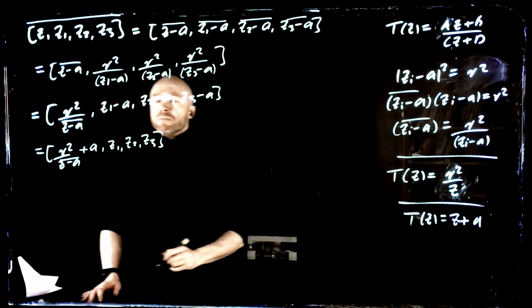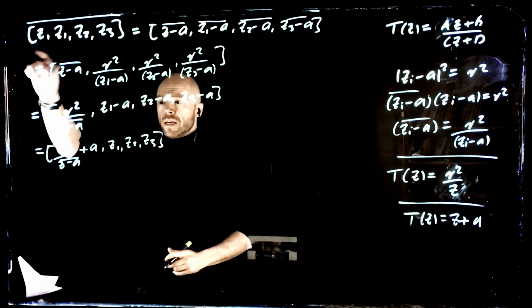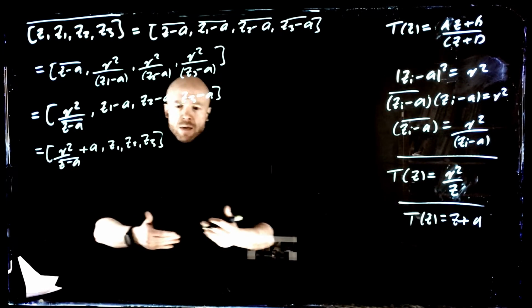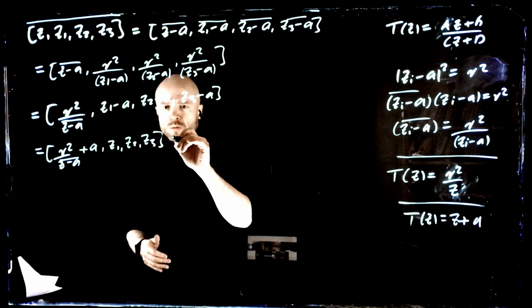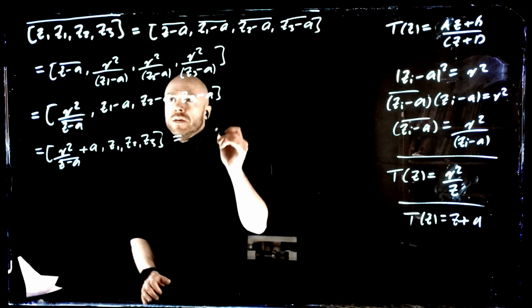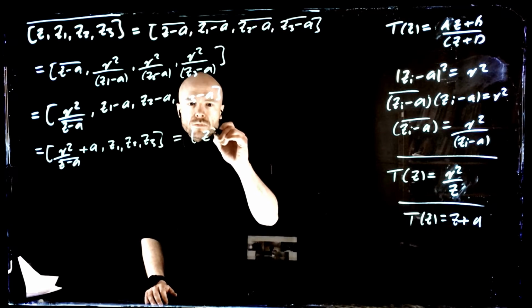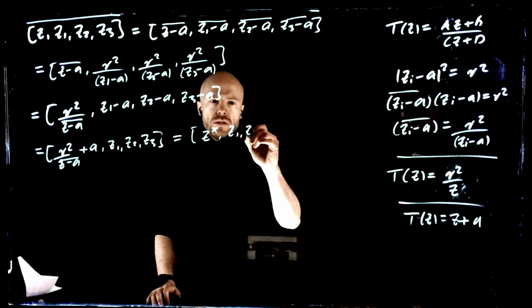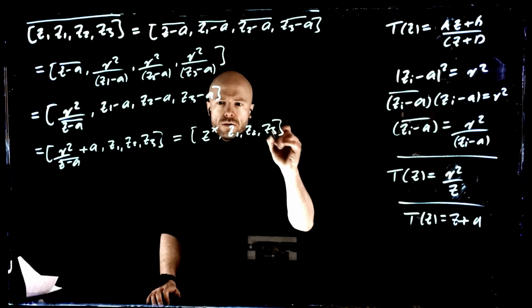Yeah? So this thing is equal to this thing, and our claim that z and z star are symmetric is exactly saying that this is equal to the cross ratio of z star, z1, z2, z3, right?